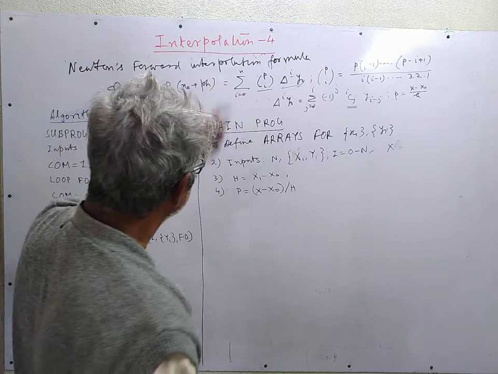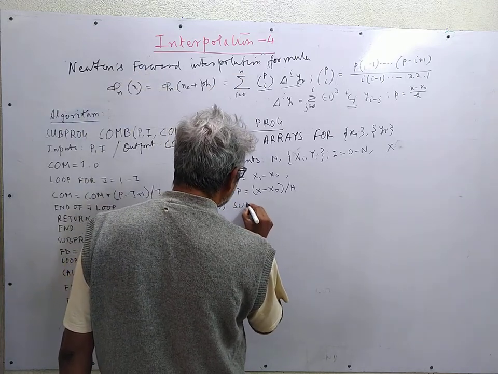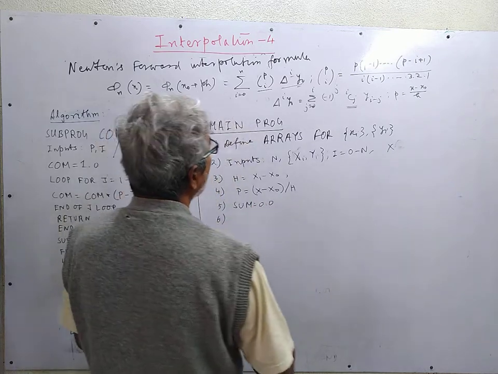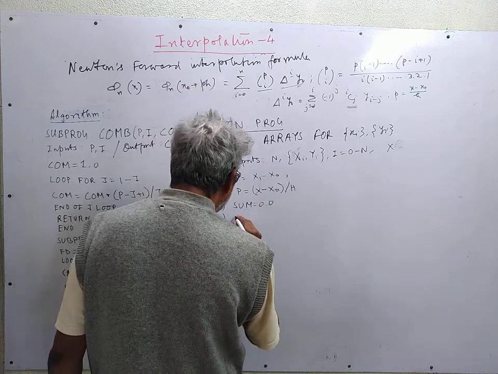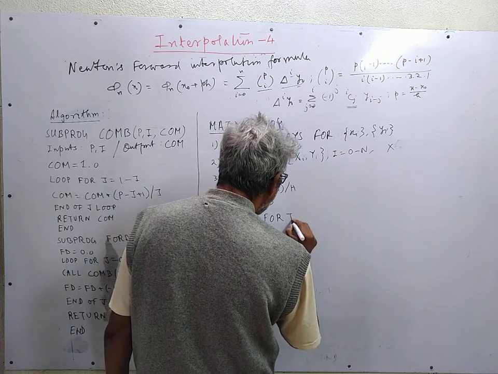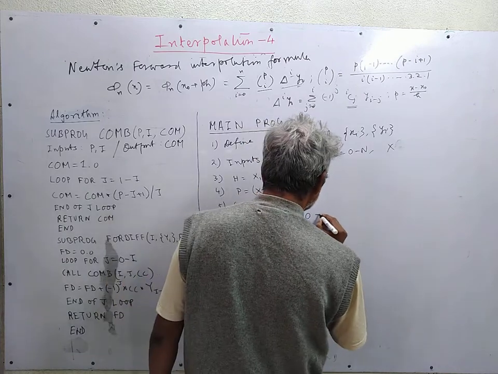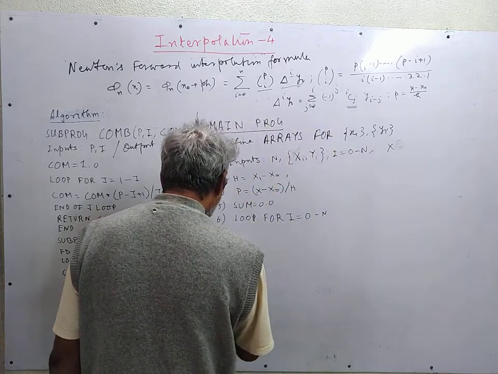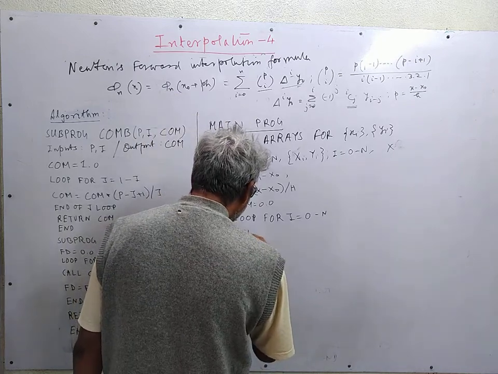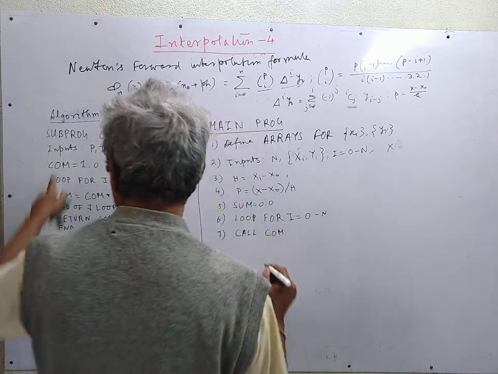Then we initialize sum to 0. Then we start a loop. For each value of I, we first call COMB.